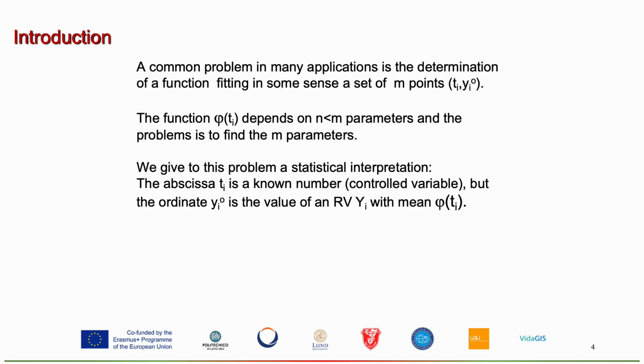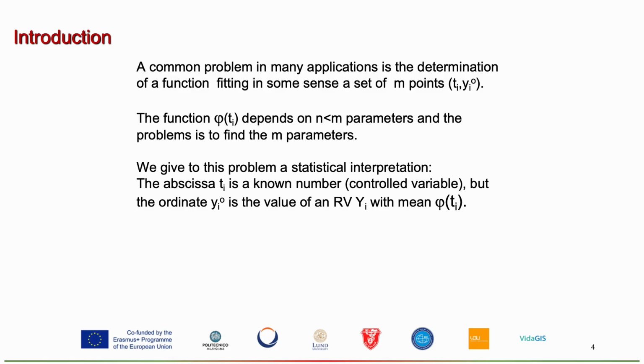Let's think of a graph in which the abscissa is t and the ordinate is w. The t_i are values in the abscissas, and the w_i are the corresponding values observed for the ordinate. The function we want to fit, we can call it phi, depends on a certain number of parameters that are less than the couples of given points. So let's call m the number of points, let's call n the number of parameters of the function phi, and clearly the problem is to find the n parameters that characterize phi.